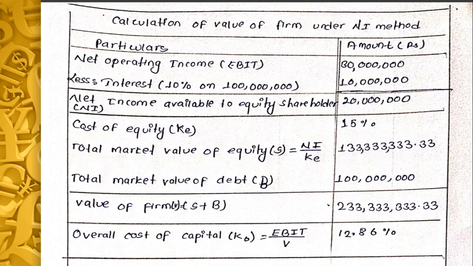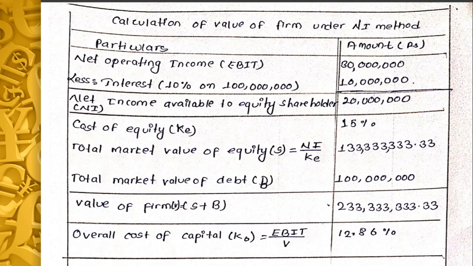Okay. So according to the problem, the net operating income would be 30 million and the interest rate would be 10% on 100 million of debt. So it would come up to 20 million.